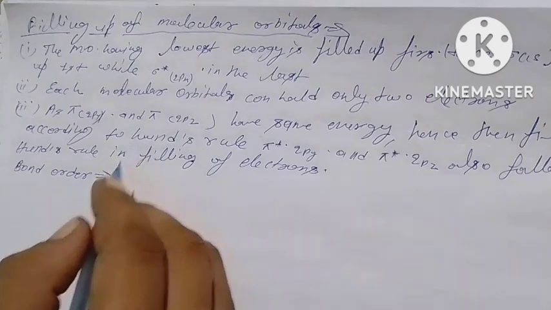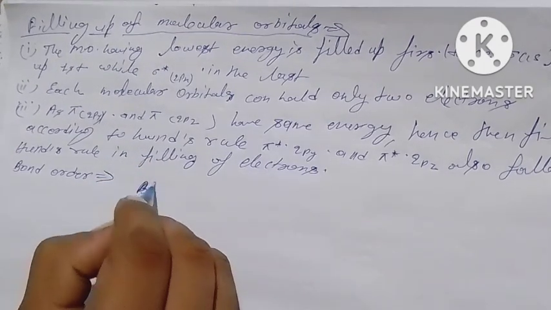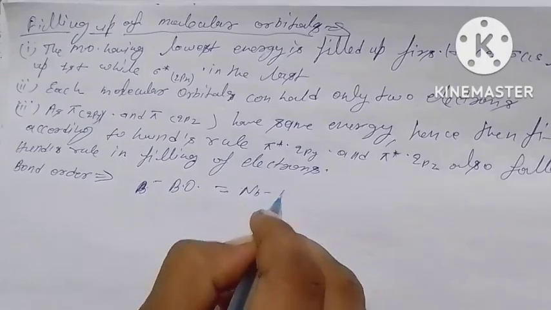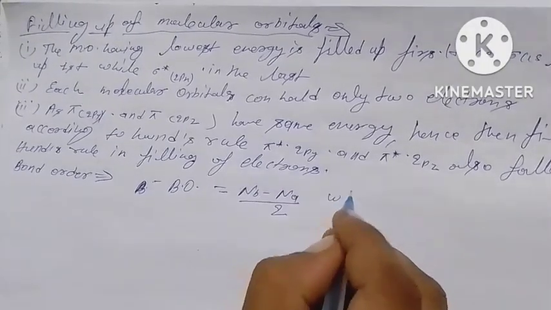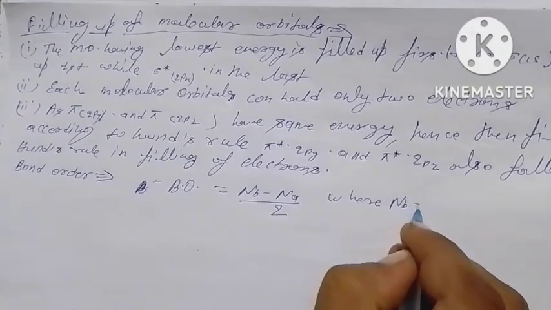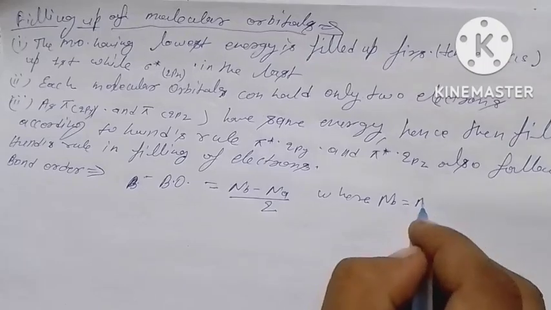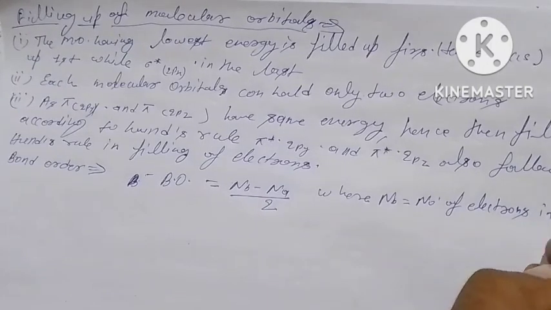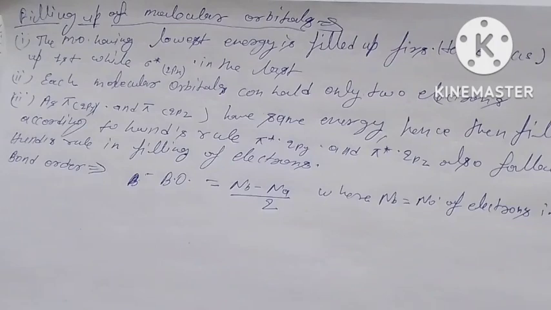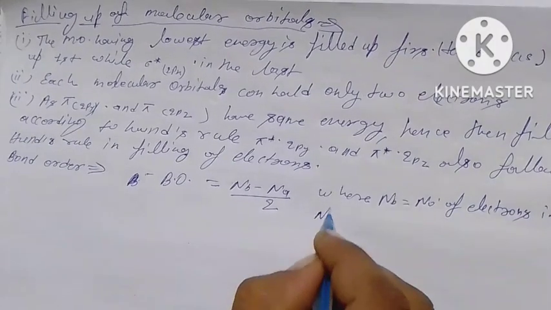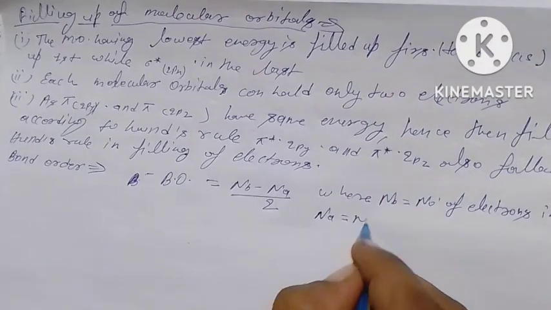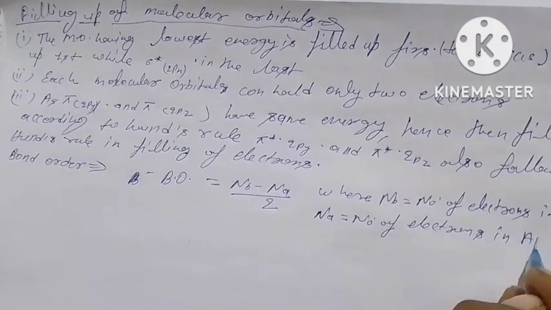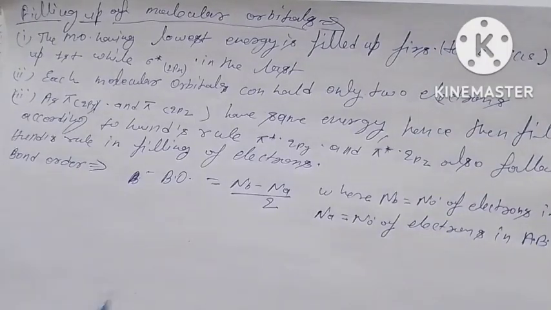It is given by the expression bond order equal to Nb minus Na upon 2, where Nb equals the number of electrons in bonding molecular orbitals, BMO, and Na equals the number of electrons in antibonding molecular orbitals, ABMO.